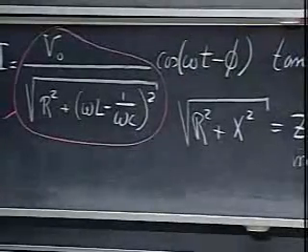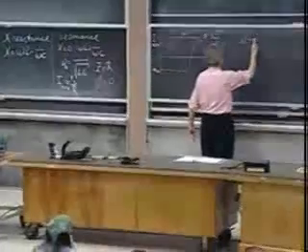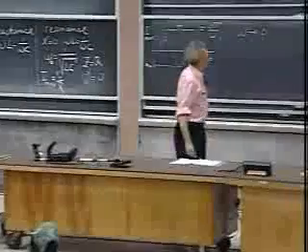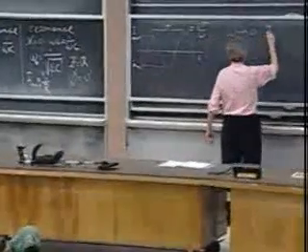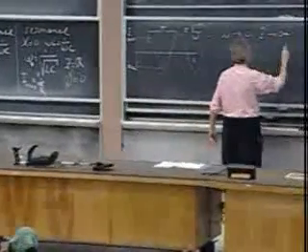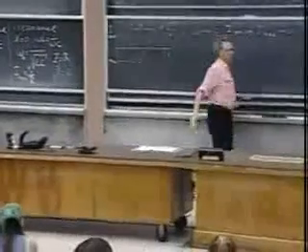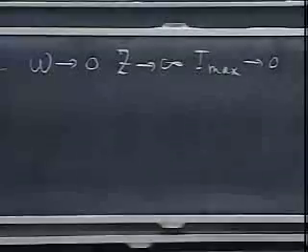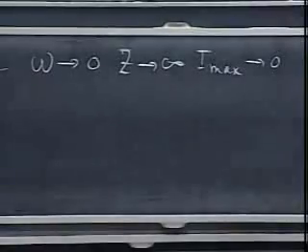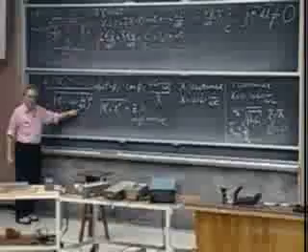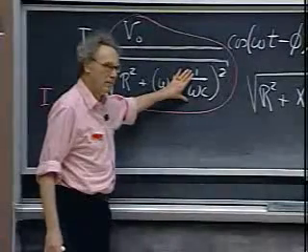If you start at a very low value for omega, let's say it approaches 0, then notice that Z goes to infinity, and so the maximum current becomes 0. And the one responsible for that is the capacitor. Because if omega goes to 0, this goes to infinity.